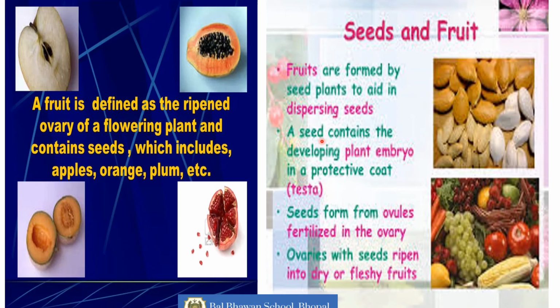Now, these seeds are actually formed from the ovules which are fertilized in the ovary. A seed consists of an embryo, then it has one or two cotyledons, and a protective seed coat.